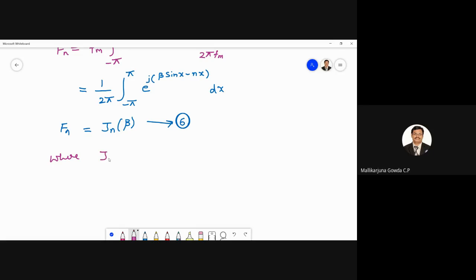Where Jn of beta is what? You have not come across the Bessel function anywhere? Did you study it or not, Bessel function, I'm asking.